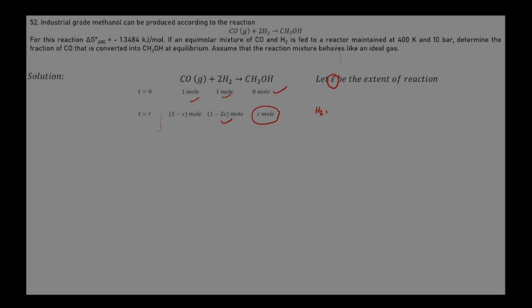H2 reacted will be 2 upon 1 into E, equal to 2E. H2 fed is 1, so H2 unreacted is 1 minus 2E. Similarly, CO unreacted is 1 minus E.